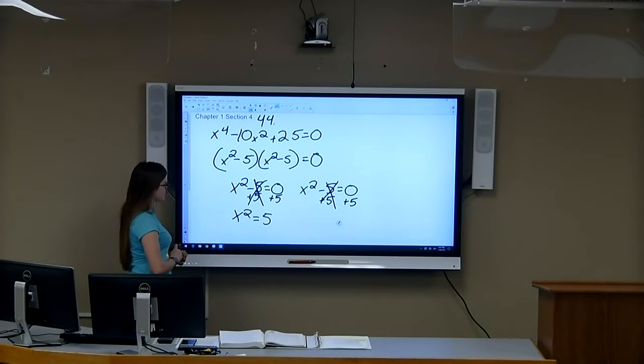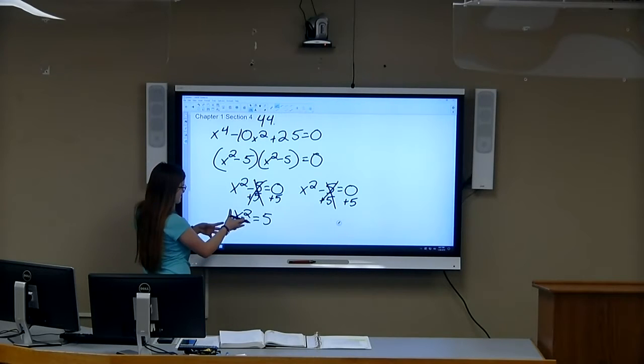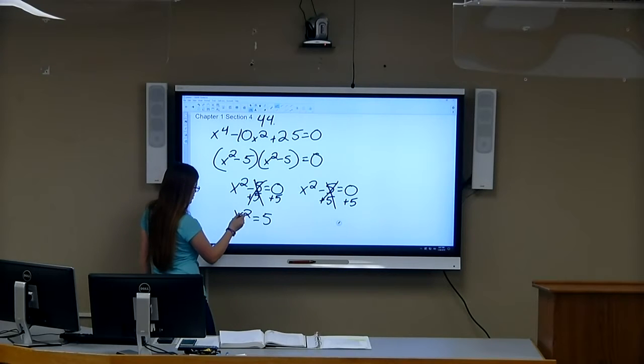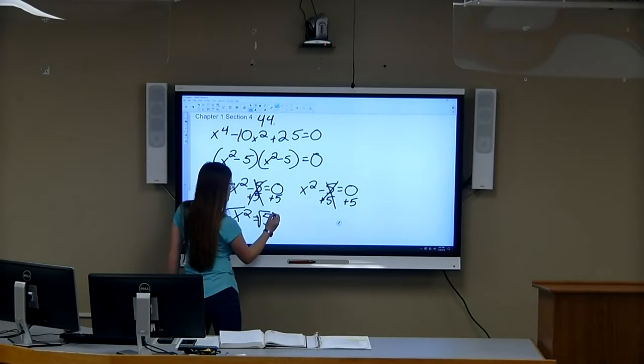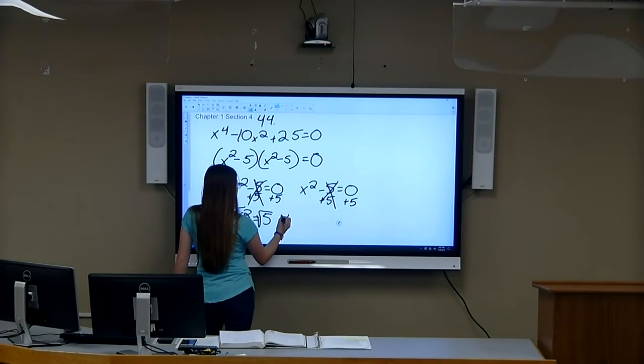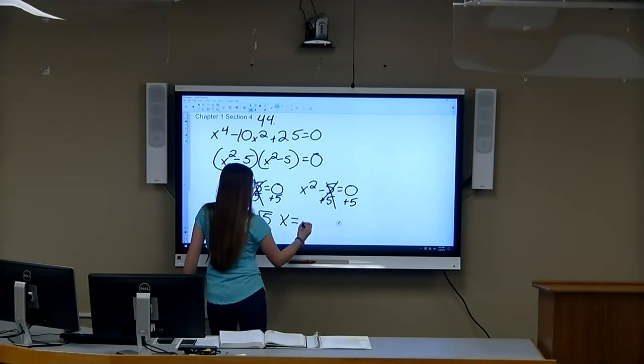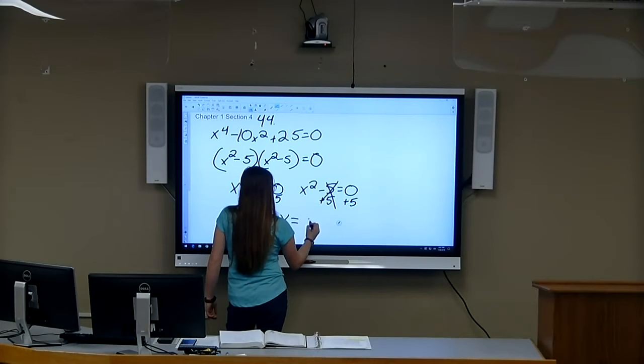So now you have to get rid of the square attached to your x. You'll do that by square rooting both sides, which will give you x equals the square root of 5.